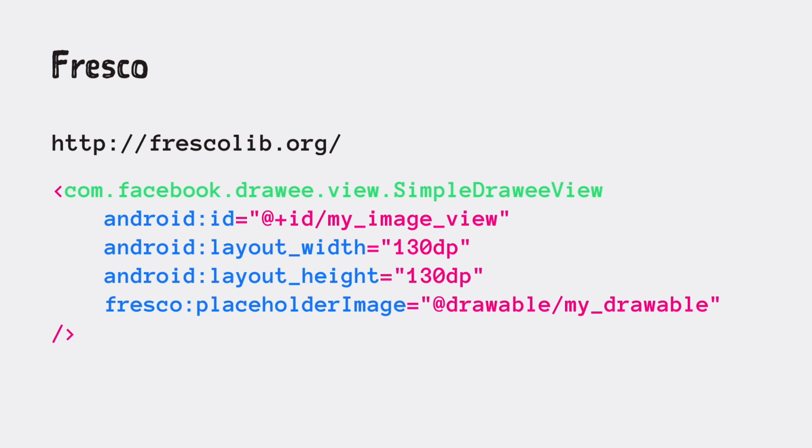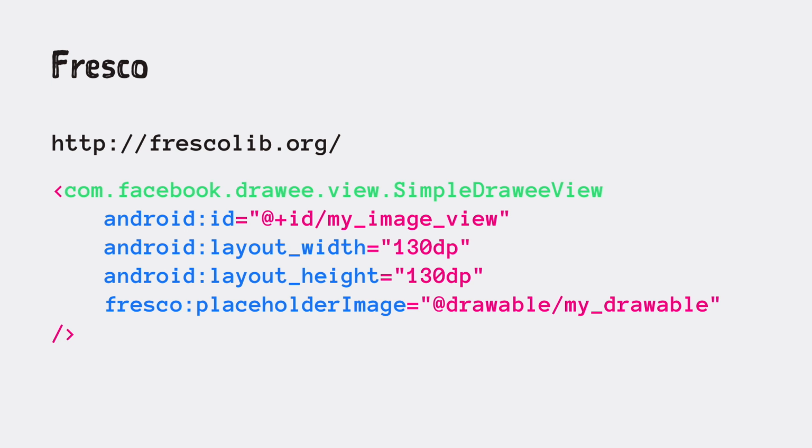And on Android 4.x and lower, Fresco also puts images in a special region of Android memory. And it also makes sure that images are automatically released from memory when no longer shown on screen. So it listens to onAttach and onDetach. And the one different thing about it is that while both Picasso and Glide load your image into an ImageView, Fresco has its own image hierarchy.